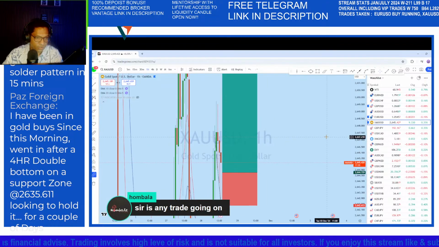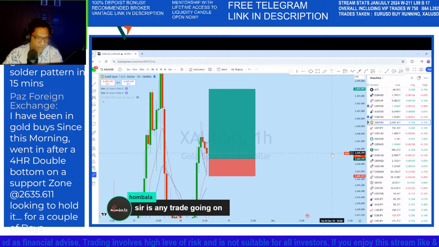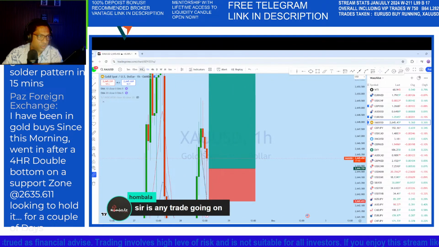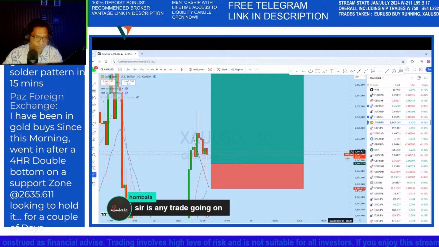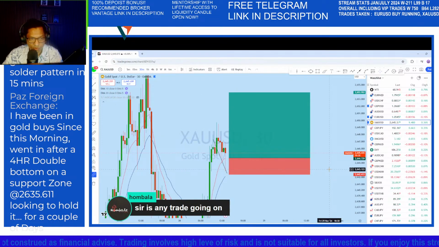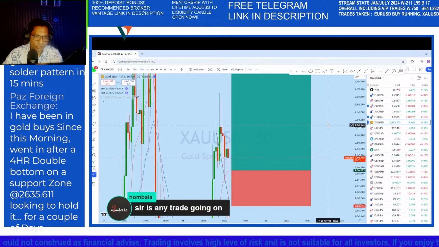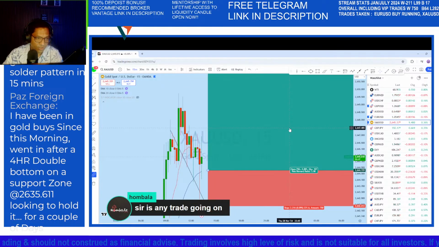So this is how I manage the risk, and I do emphasize risk management. It's very important that you always focus on risk management, which is the key to becoming a trader.